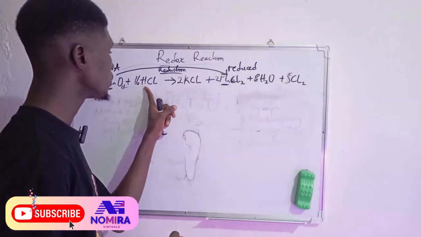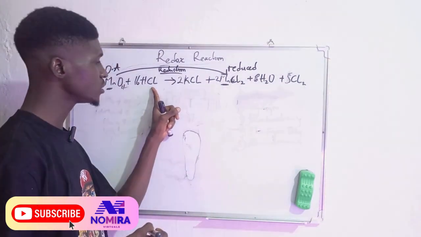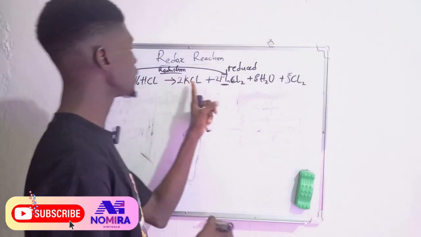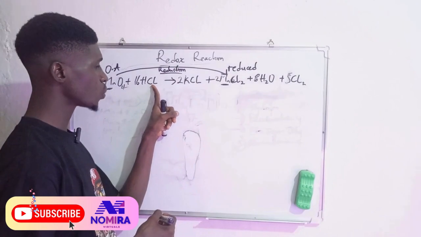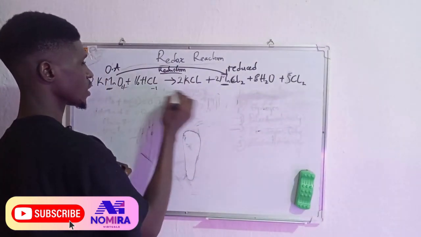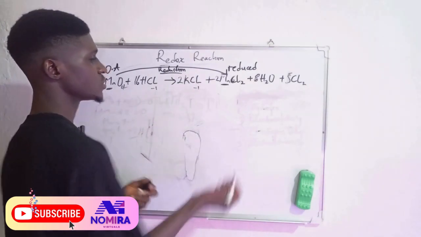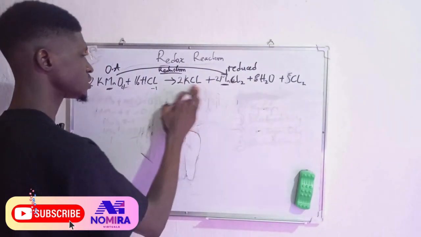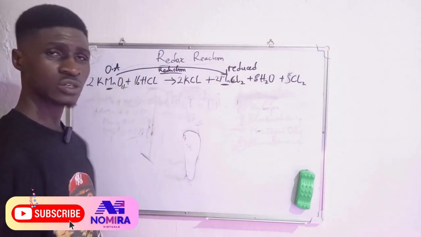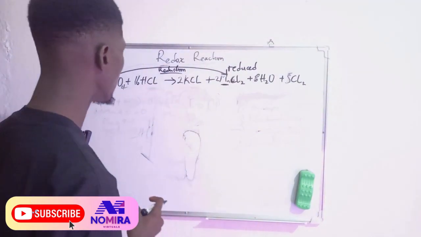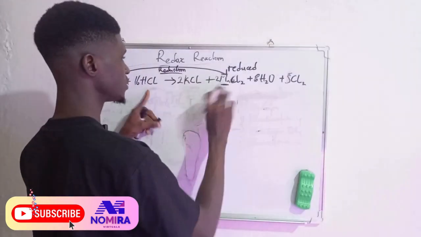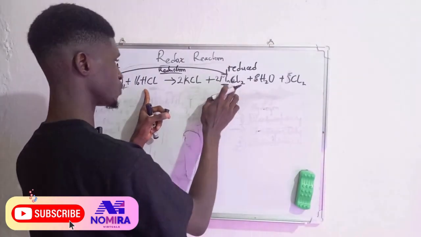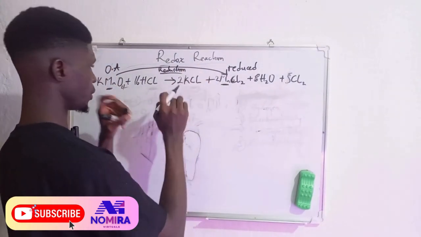So we have hydrogen and chlorine on the reactant side. Here we have chlorine. So chlorine is -1 here and -1 here. So nothing changed. So this is not where our oxidation is going to occur. Then chlorine is here and here, so it won't work because we've used it to solve for reduction.